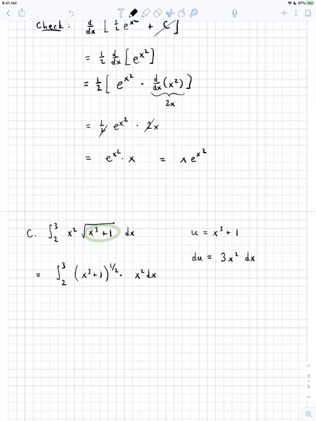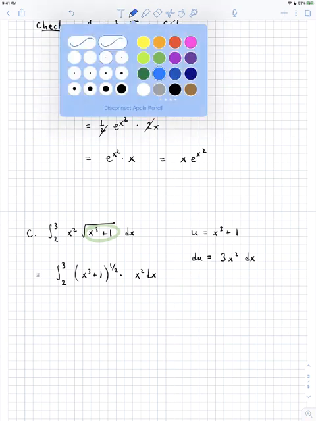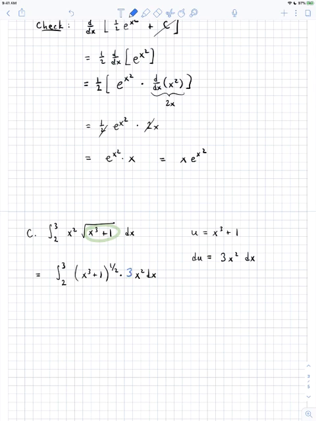I don't currently have a 3, but I'm allowed to multiply by 3 because that's a constant. Multiplying by 3 gives me something that's 3 times what I actually have, so I have to put a 1/3 out in front. Just like before with the 2 and the 1/2, this 3 comes out and cancels. So it's all right if you multiply by something, so long as that thing you're multiplying by is a constant.